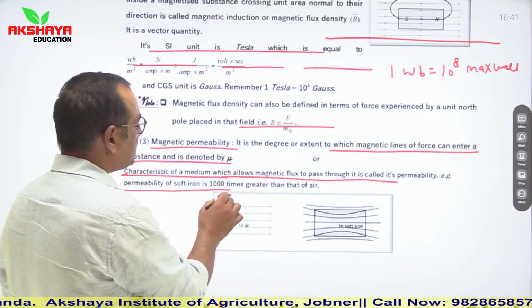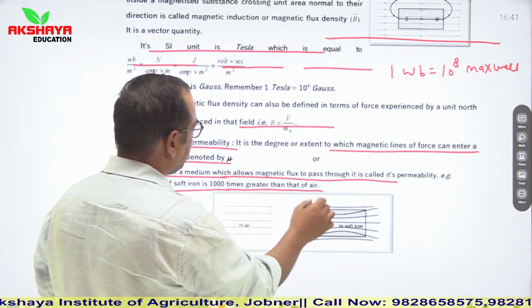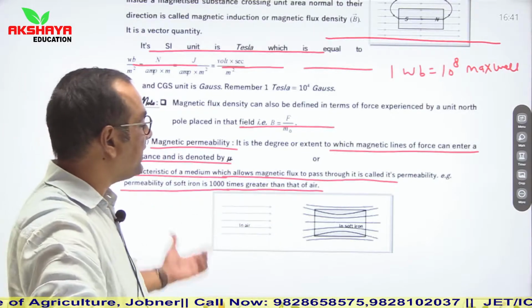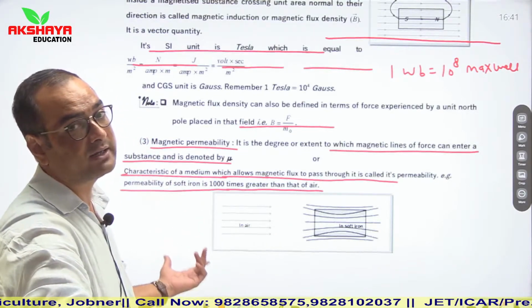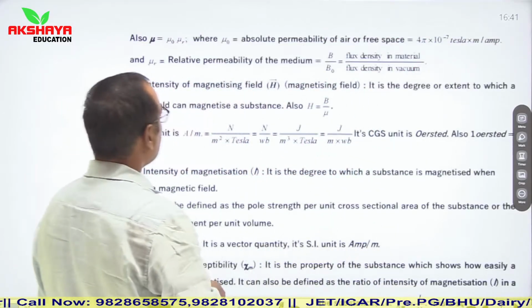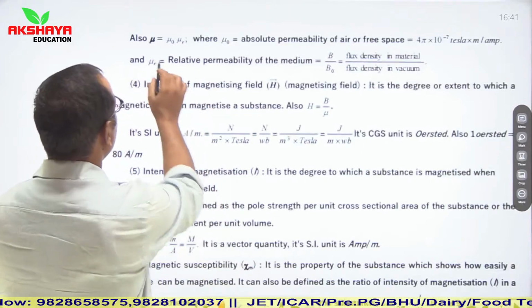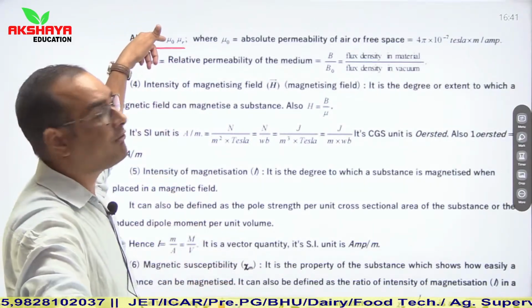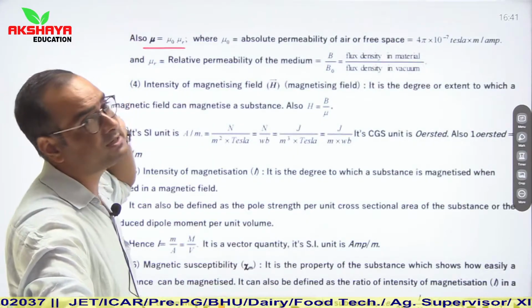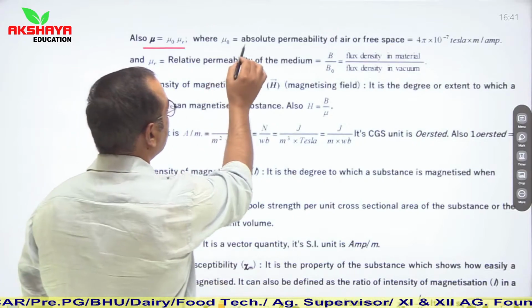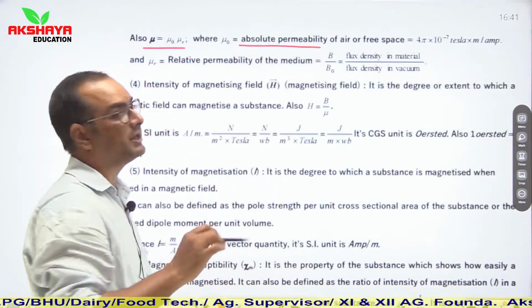Permeability of soft iron is 1000 times greater than that of air. So here mu is equal to mu naught mu r. Mu naught is the magnetic permeability of vacuum, also known as absolute permeability.